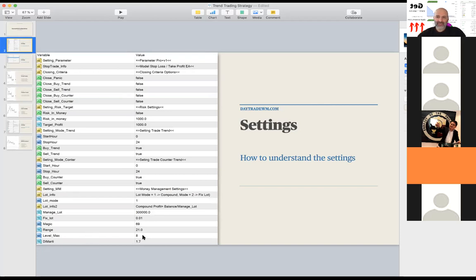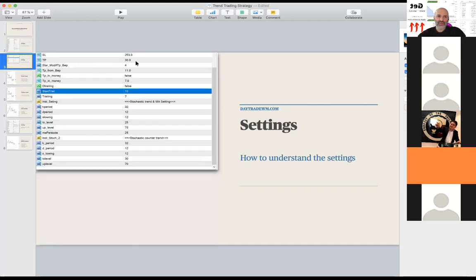Now, let's say you have the level max 8, like here, and you have this start to modify the TP after break even set to 4. What it means is that after 4 levels are activated, like at the 5th level, then it will start to calculate a common target profit for all the trades.